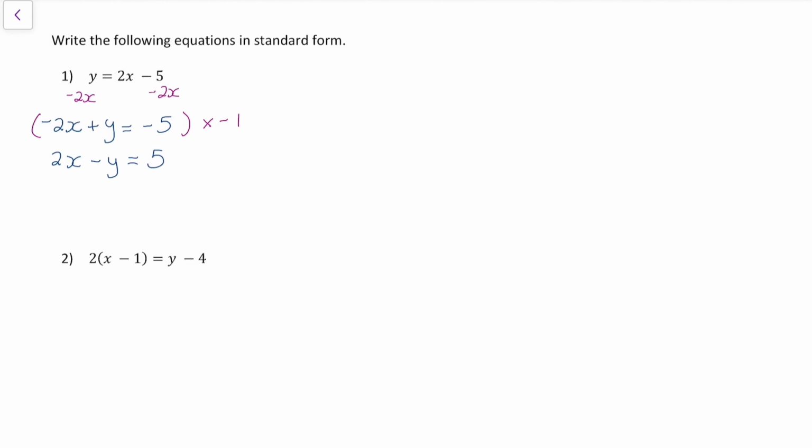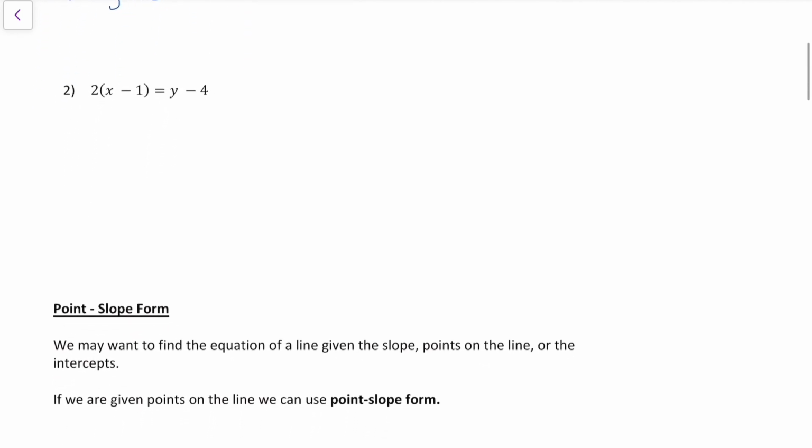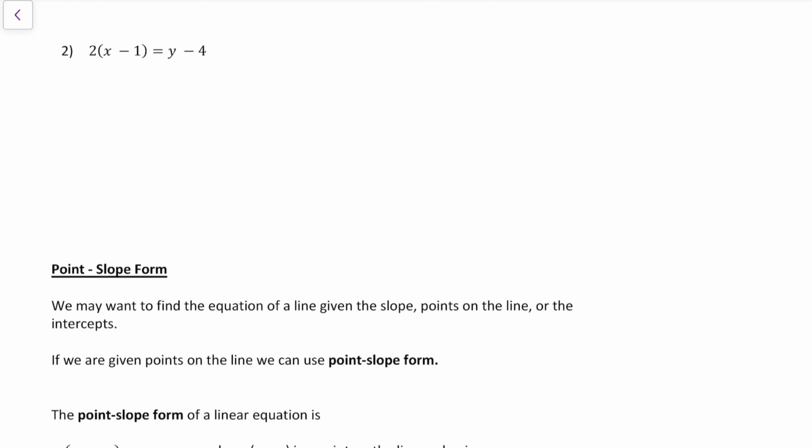Okay, let's look at our second one here. The first thing I'm going to do is expand this bracket. Now remember that 2 is going to apply to the x, giving me 2x. But it also applies to my negative 1, giving me a negative 2. Now I can bring my negative 2 over to the other side, so I'm going to add 2 to each side.